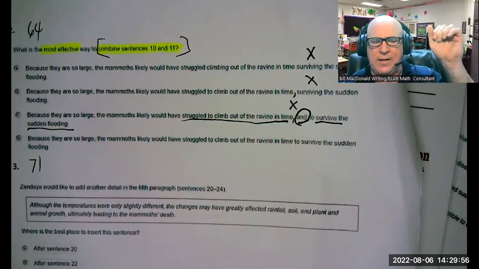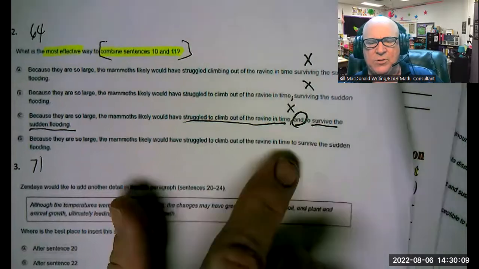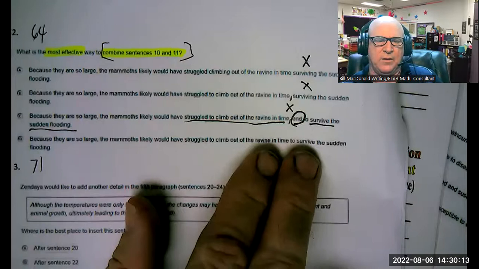The mammoths likely would have struggled to climb out of the ravine in time to survive the sudden flooding period. So to survive in time to survive, that sounds like I'm actually not going to make it in this case.